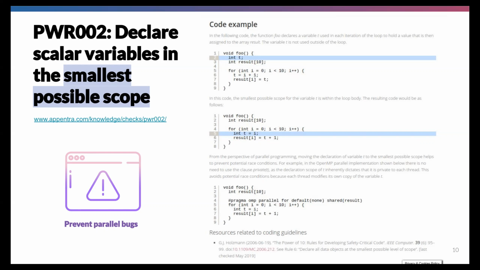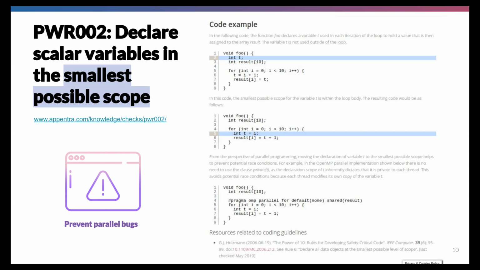And this is just an example of the information available in the catalog where you can see the code before and after the recommendation. If you see that in this case, you declare this scalar variable t inside the loop, you can even avoid the need to handle the variable t in the clauses of OpenMP.